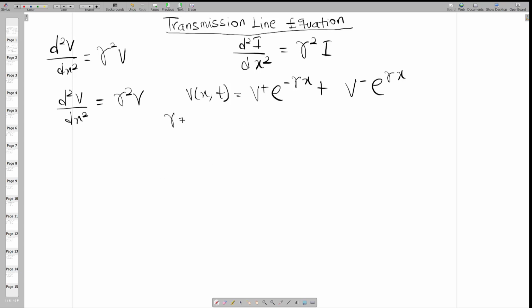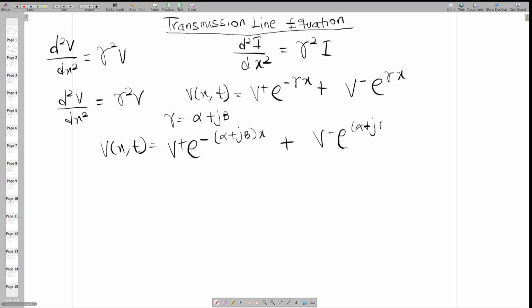We know that gamma was equal to alpha plus j beta, so we can substitute gamma into this equation wherever we see it. So V of x, t, we can say that we have V plus e to the minus (alpha plus j beta) x plus V minus e to the (alpha plus j beta) x.